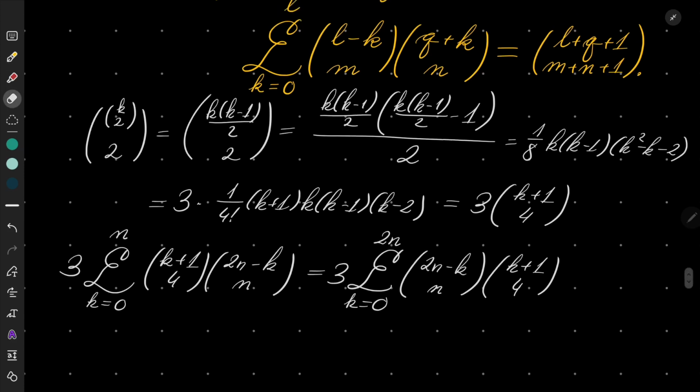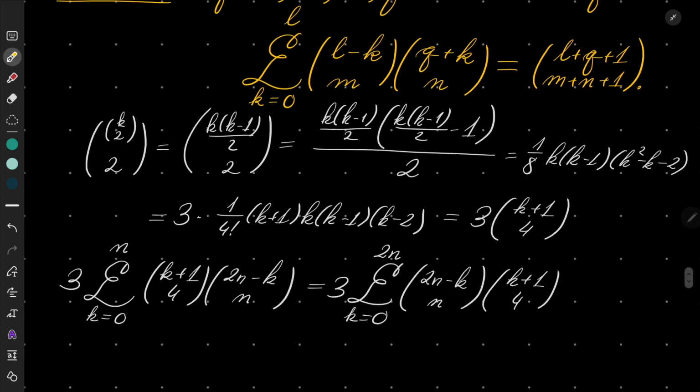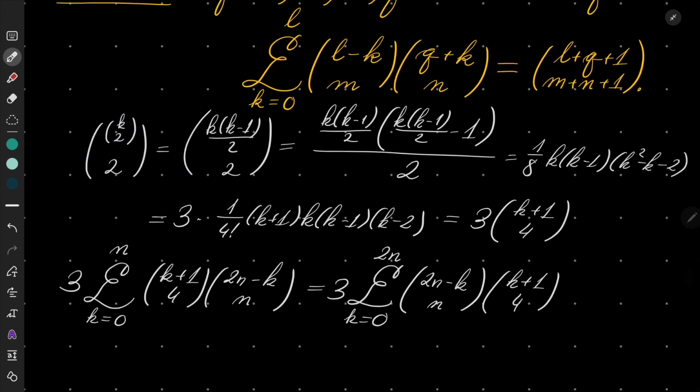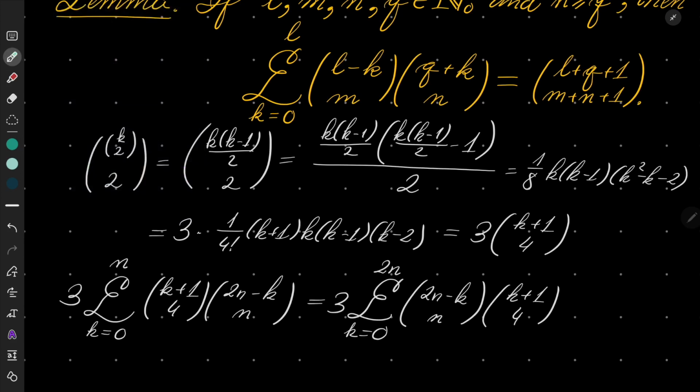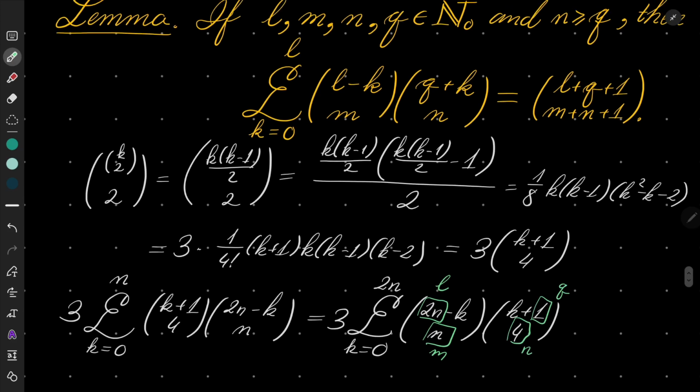And now we can use directly our lemma, because comparing with the lemma, this part is like L, this part is like M, this part is like Q, and this part is like N. Assumptions are met, so L, M, N, and Q are natural numbers. N is greater than or equal to Q, because 4 is greater than 1.